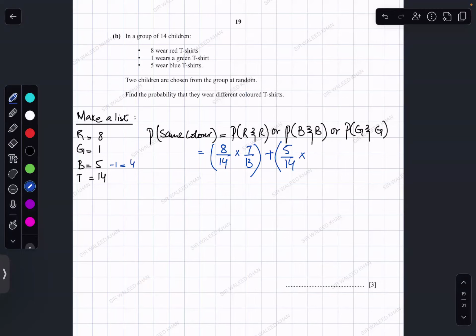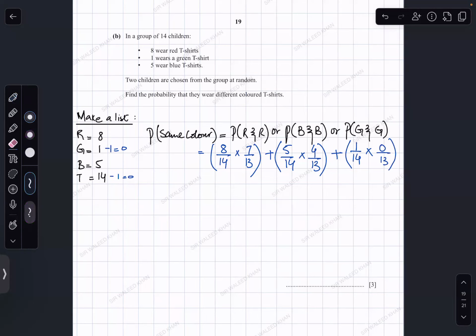We have 4 left. And 1 is taken out from total. We have 13. Obviously, when you take out from the colors, the total will automatically reduce. So we have 4 by 13. Right? Or for green, we have 1 by 14. And the second one, it becomes 0, right? So we have 0 over 13. So this whole bracket becomes 0.